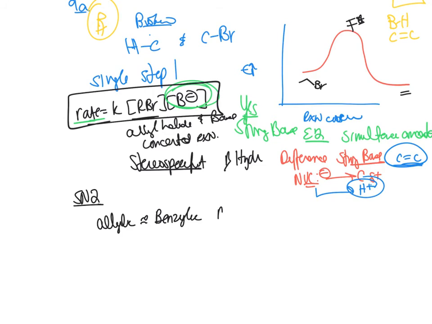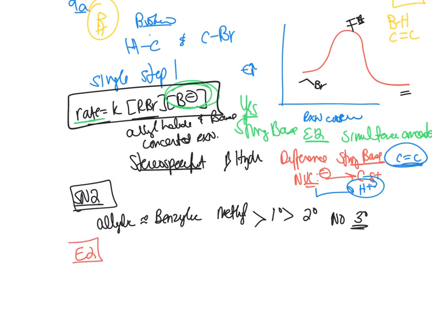and then we said methyl, primary. These are all going to be faster, and then secondary. And we have no tertiary. Tertiary is not going to react in an SN2 reaction. They're too sterically hindered. Well, in an E2, tertiary is faster than secondary, which is faster than primary.